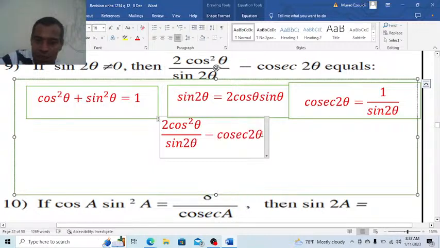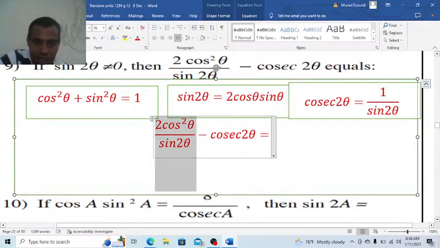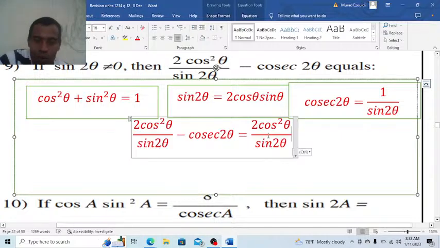Therefore, this one is equal to 2 cos theta over 2 sine theta cosine theta. I will just replace sine 2 theta by 2 sine theta cosine theta, or by 2 cosine theta sine theta.